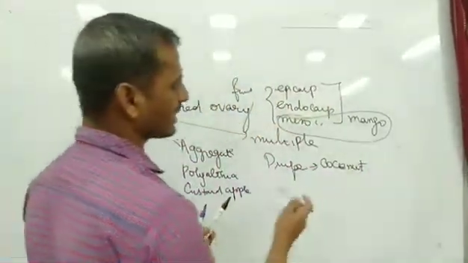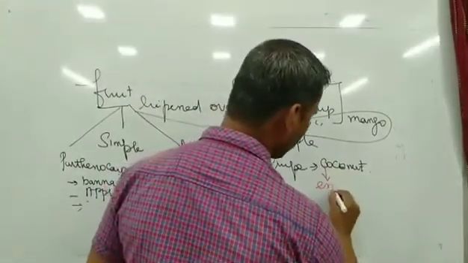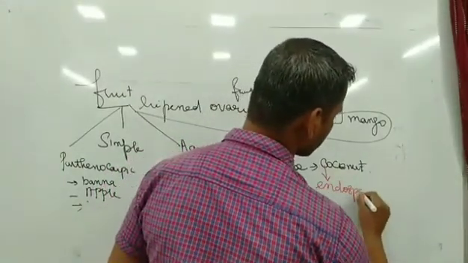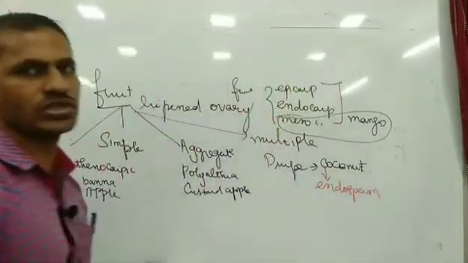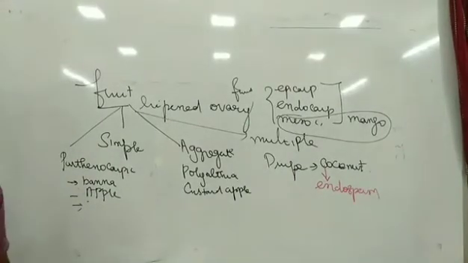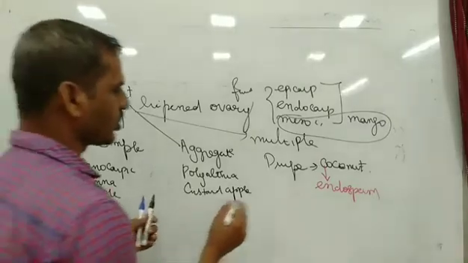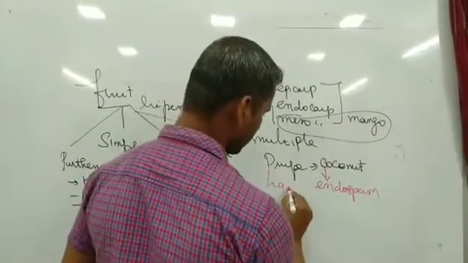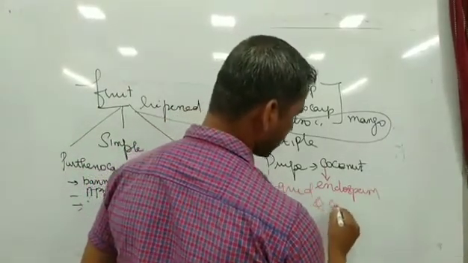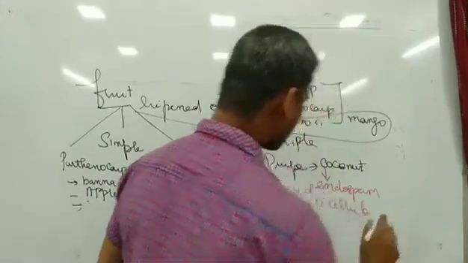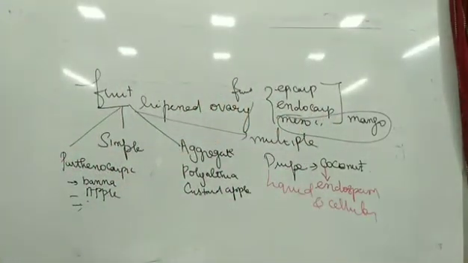It is the edible part, which we commonly use. So in coconut it is endosperm. We call it liquid endosperm, and also the cellular one. So we use the liquid endosperm of the coconut.